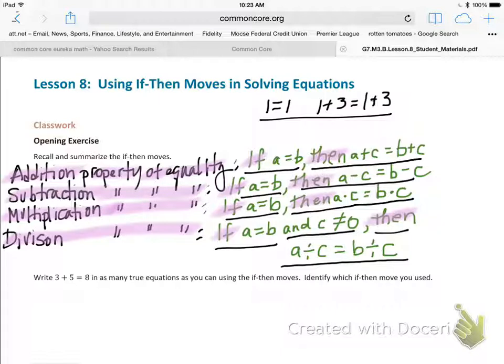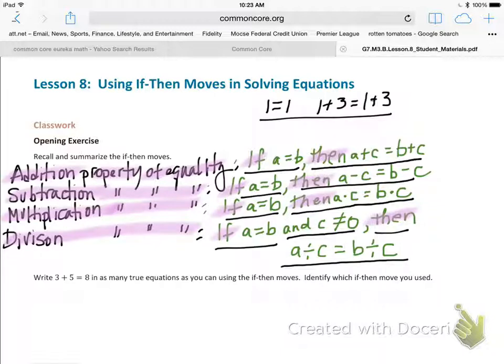There are 8 properties of equality that you will see during your time working with this curriculum, but we are only interested right now in these 4.